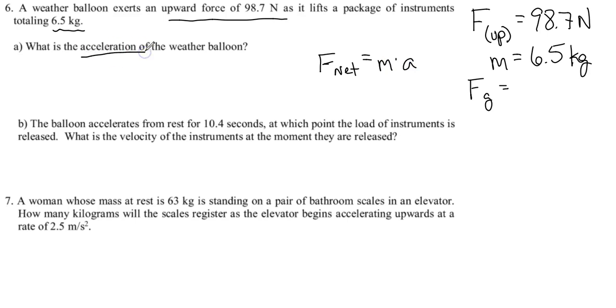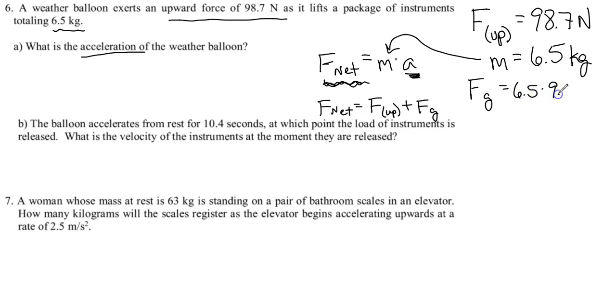So if we want to figure out the acceleration, we know the mass. The mass is 6.5 kilograms, but we need to know the net force. The net force is going to be the sum. So F net is the sum of the upward force and the force of gravity. The force of gravity is mass times acceleration due to gravity, so 6.5 times negative 9.8 meters per second squared.